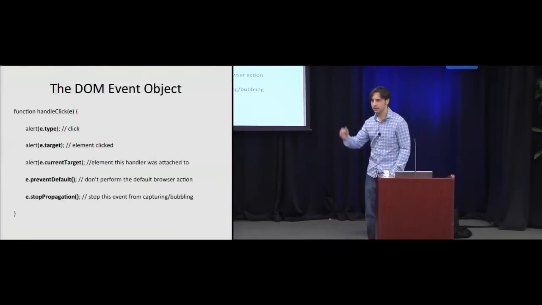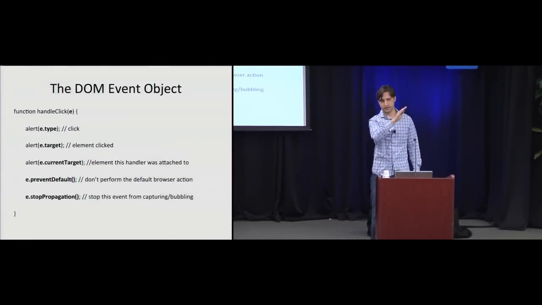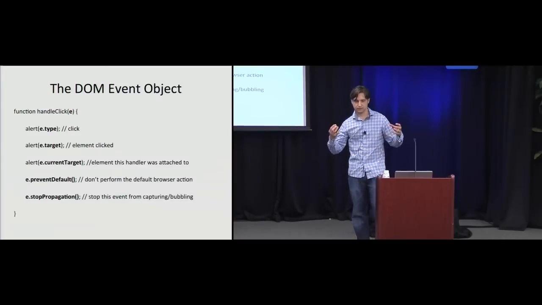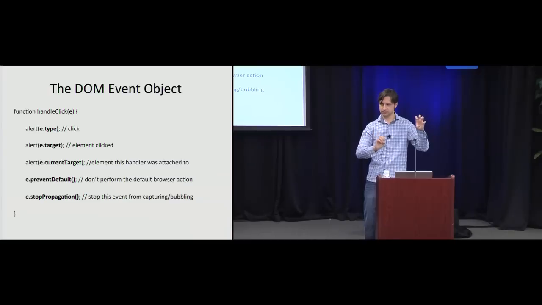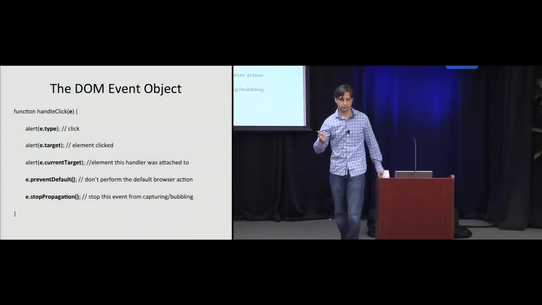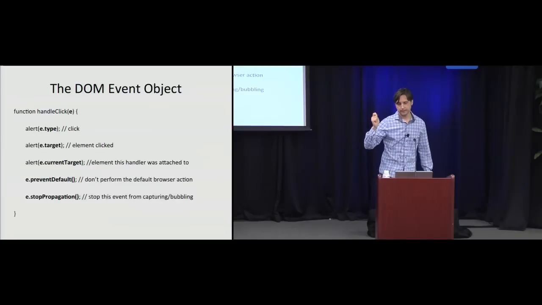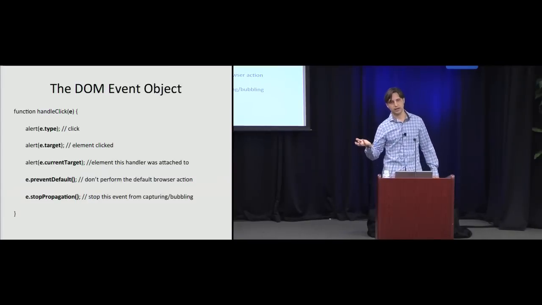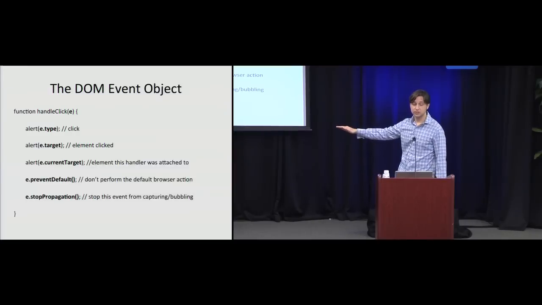OK, so we know how the order of them fire, right? We have this capture and bubble phase. When I pass in that E object to each of these, I can actually look at what happened in the event. So the type will tell me what type of event it is. Was it a click? Was it a mouse over? Was it a submit on a form? You have a target.